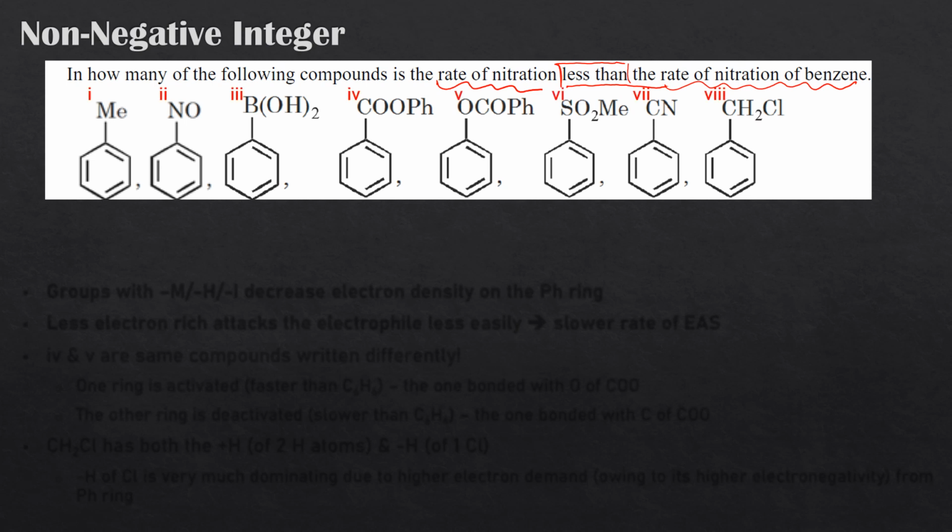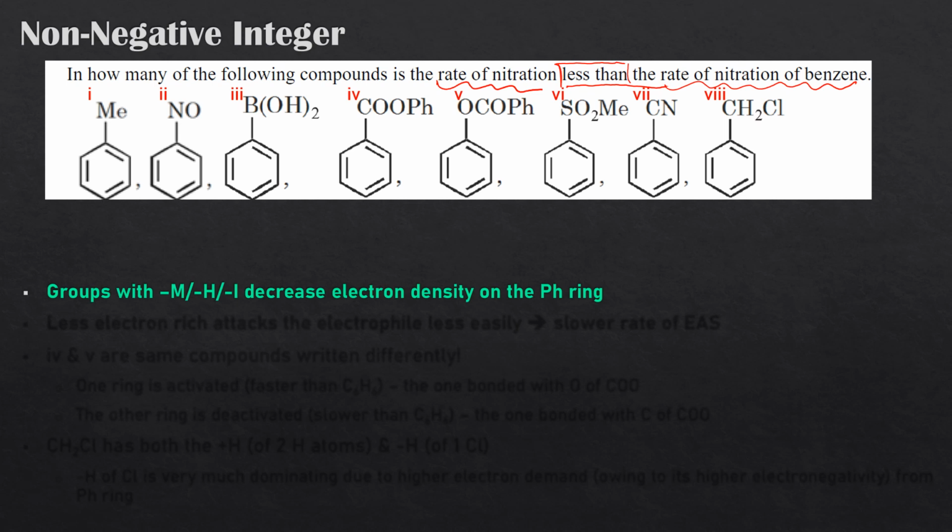First of all, we have named these compounds 1 to 8, and then we'll be seeing what determines the rate of EAS reactions. What we understand is the groups which have a minus M effect, like electron withdrawing effects, whether these are minus M, minus H, or minus I, that is the isomeric effect, minus hyperconjugation effect, or negative inductive effect, will be decreasing the electron density on our benzene ring.